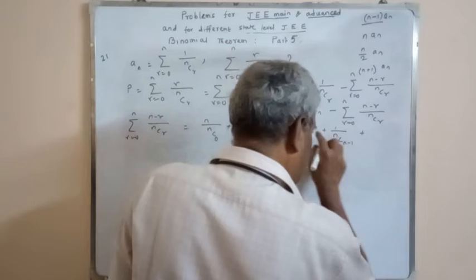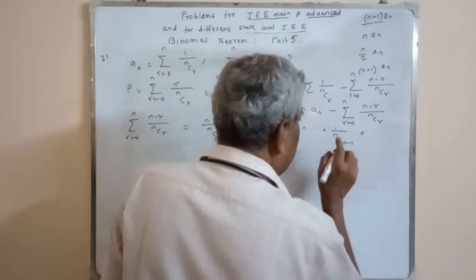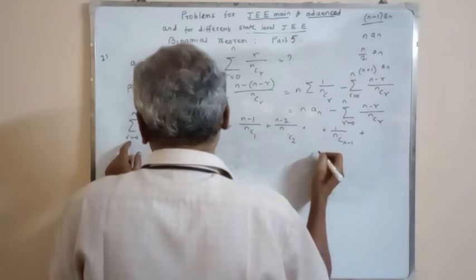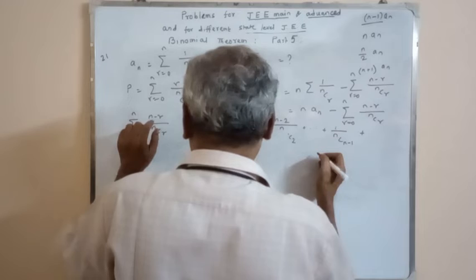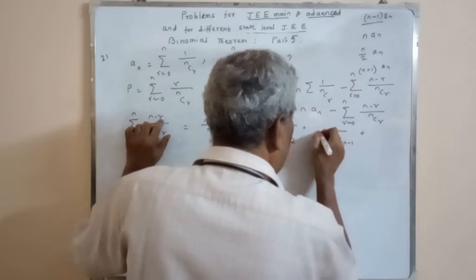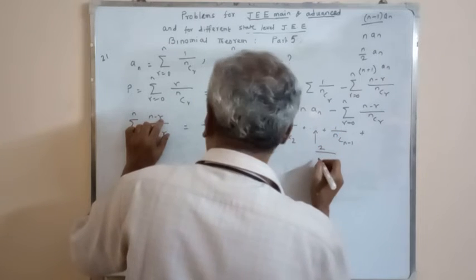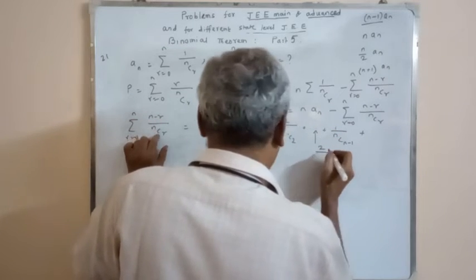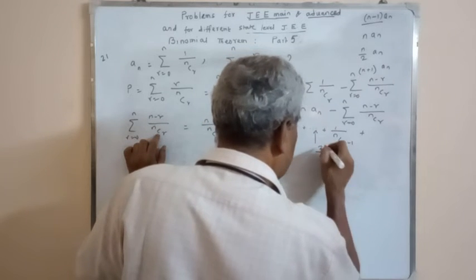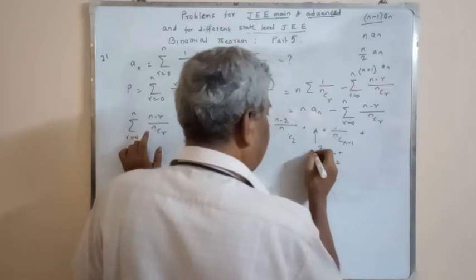I write one more term before that, corresponding to r is equal to n minus 2. So it is n minus n minus 2, that is 2, 2 by nC n minus 2. This term is there, mind that. Then plus this.